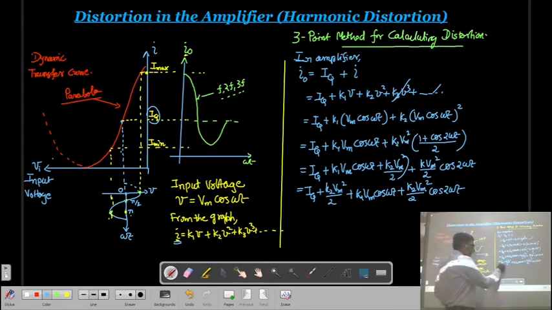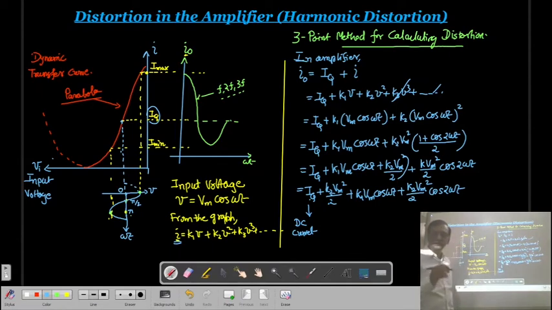So IQ, already we know that it is a DC current before we apply the signal. Correct? So here IQ is a DC current. Now K2 Vm square by 2. You can see in this term the t is not there.